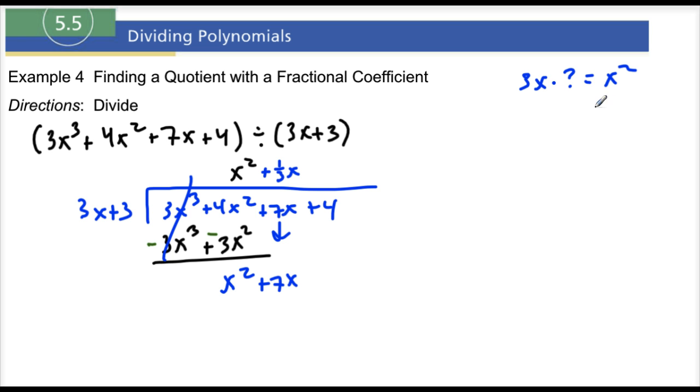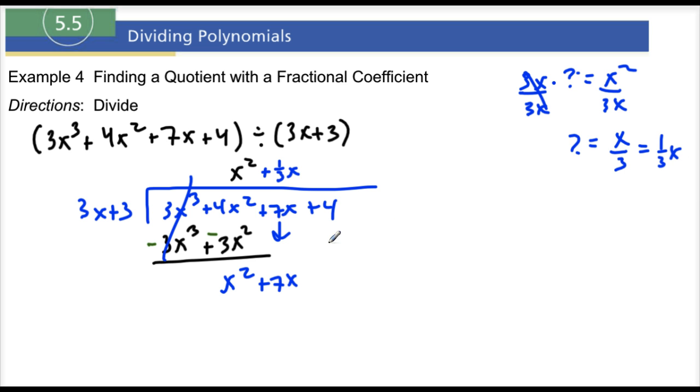Isn't that what the question was, right? Well, if we solve for our question mark, I divide both sides by 3x, leaving our question mark as x squared over 3x, which is the same thing as x over 3. Or you can just say 1/3 x. So that's where I got the 1/3 x from.